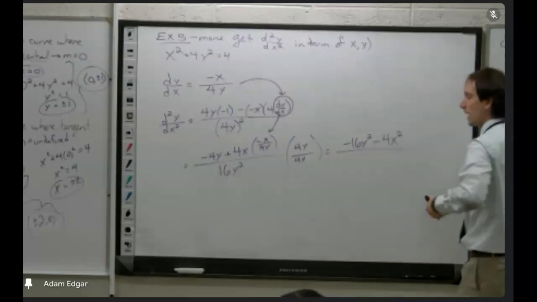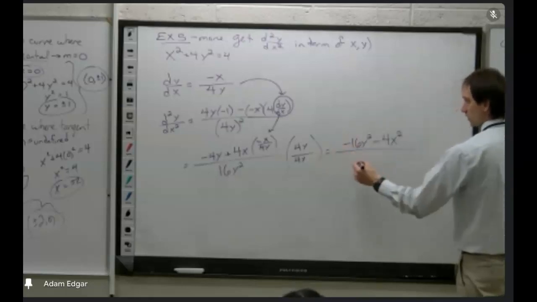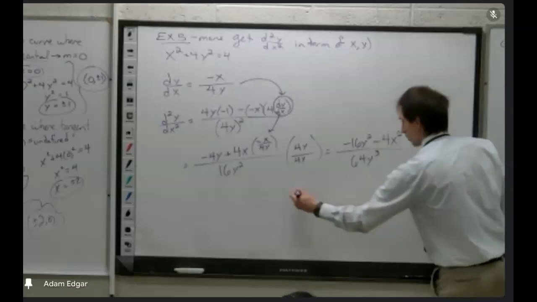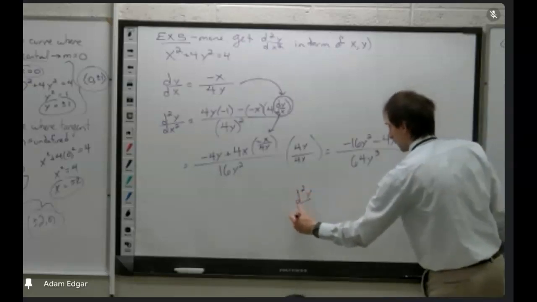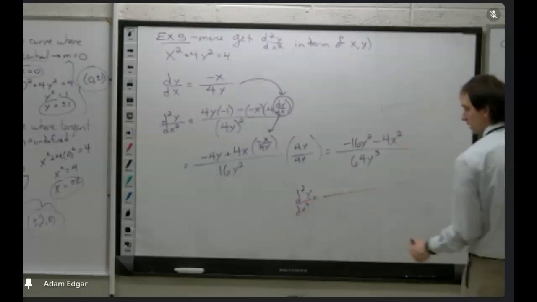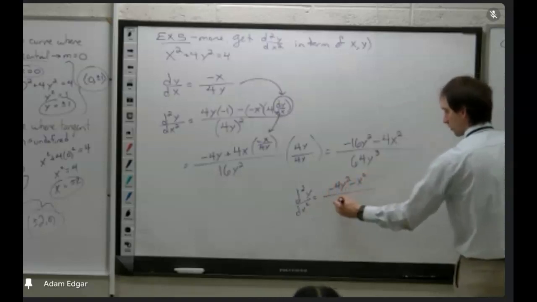And then in the denominator, what's 16y times 4y? 64y to the third. And then you could reduce that because everybody is divisible by 4. So you could finish this off and say, let's reduce the fraction, divide everybody by 4, and you get negative 4y squared minus 1x squared over 16y cubed.